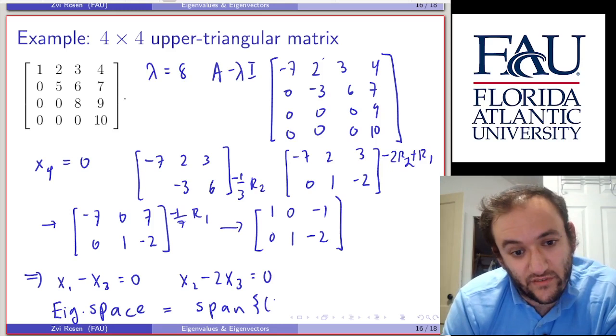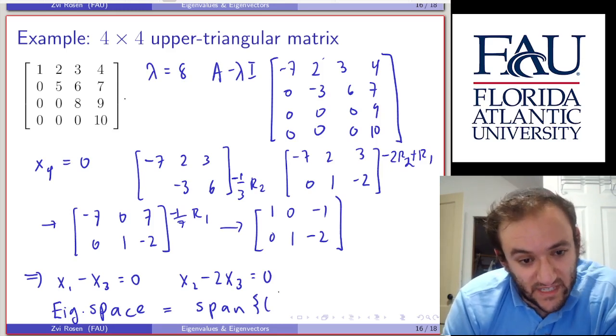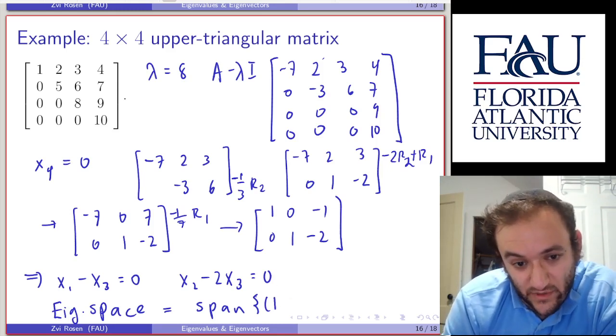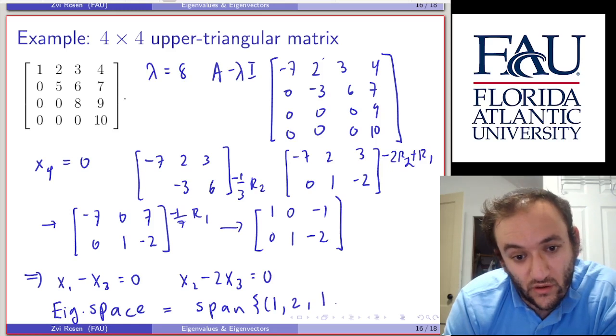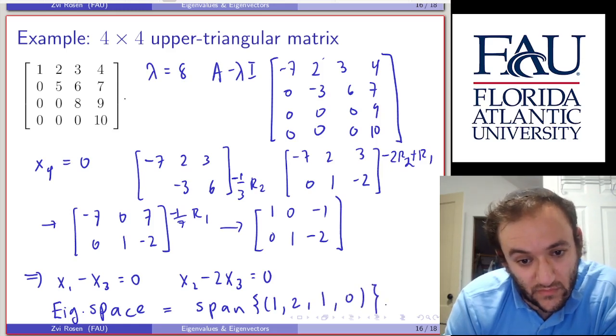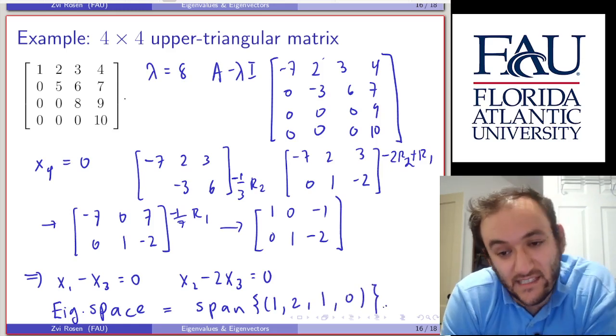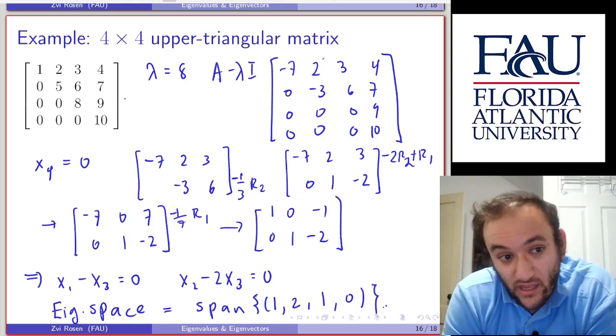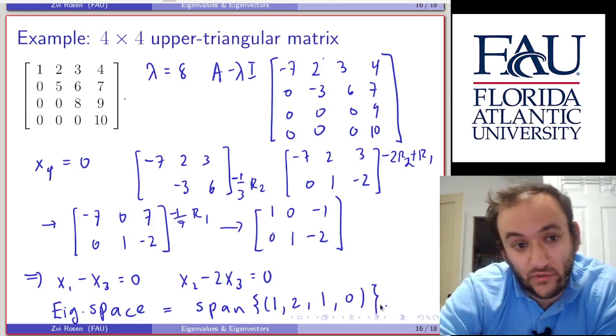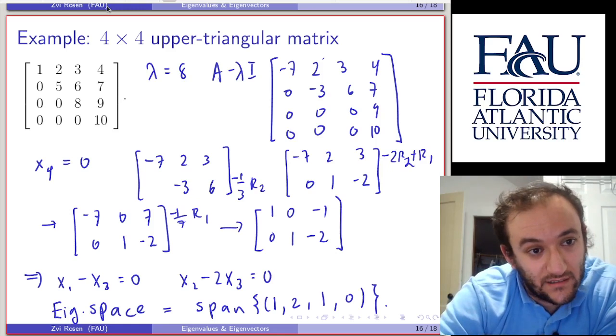So we'll have x1 is the same as x3, and x2 is twice x3. So we have 1, 2, 1, 0. Okay, that's the eigenspace corresponding to eigenvalue 8.